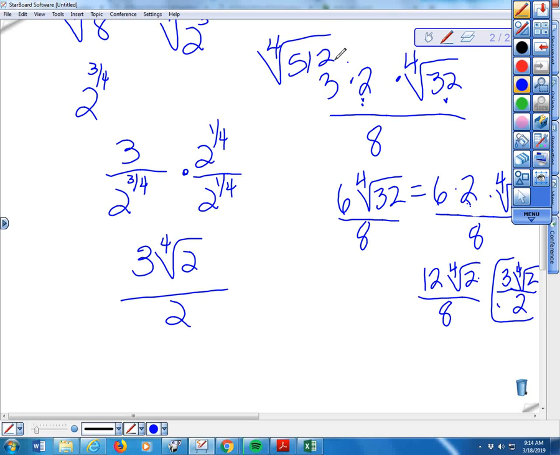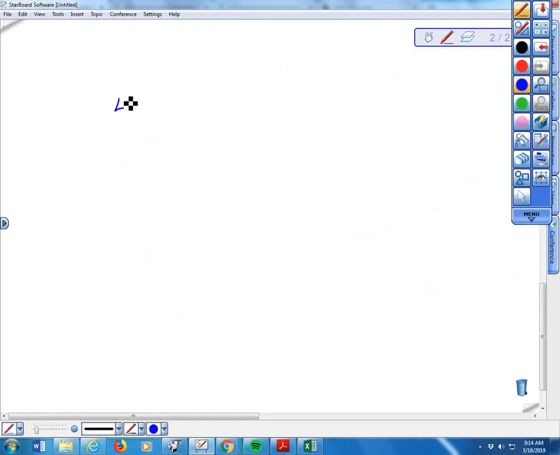Okay, so let's do a few problems without rationalizing the denominator right away. Let's do the 4th root of 625 cubed. What it says is reduce the following radical expressions. I don't have a calculator. I want you to simplify that as much as possible.